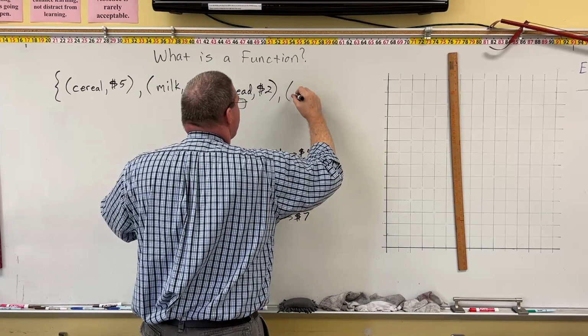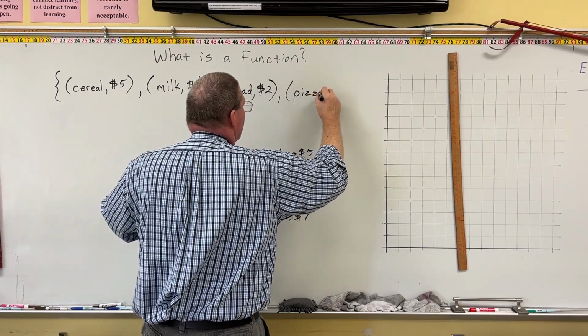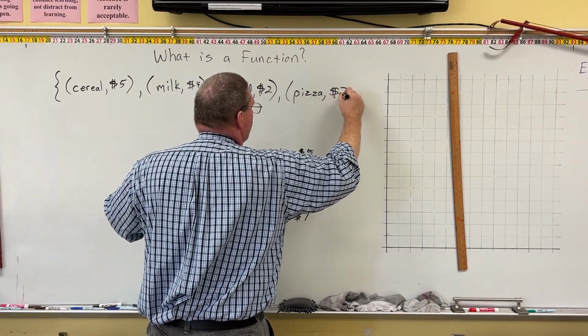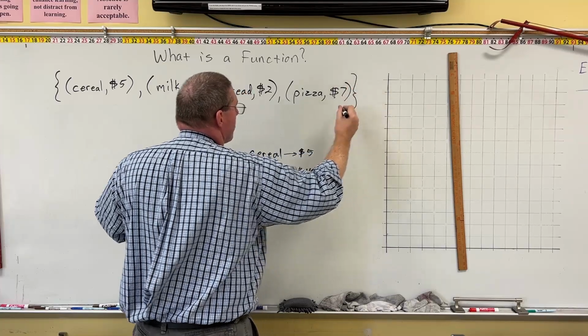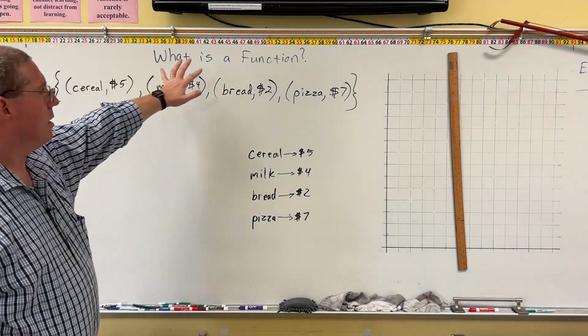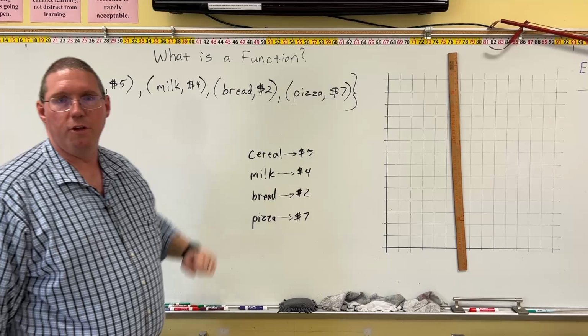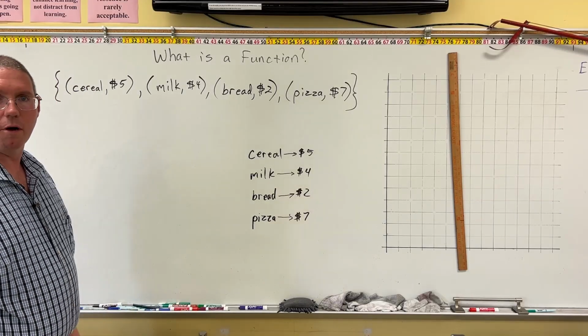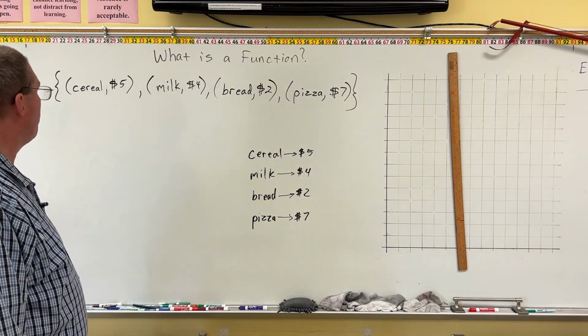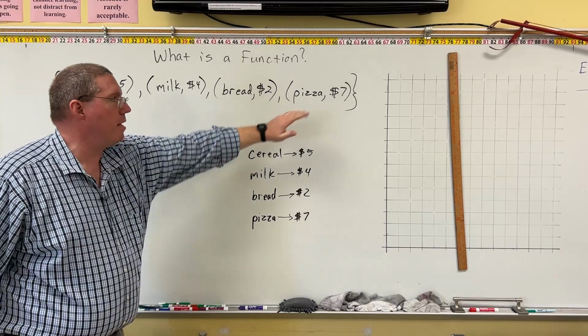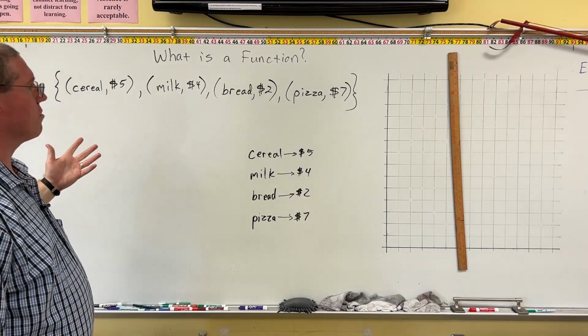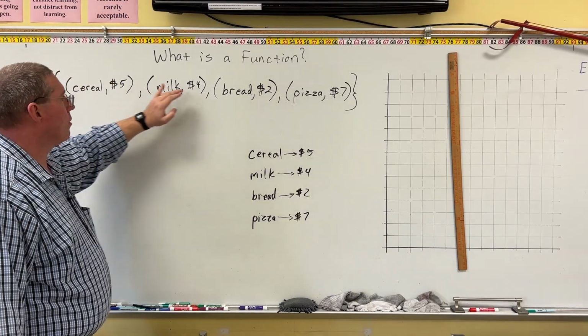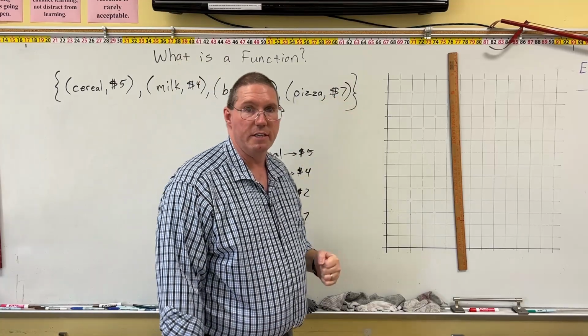And then pizza is associated with a charge of $7. And then I'm going to close the brace off. This set is representing your visit to the grocery store. And it includes 4 items: cereal, milk, bread, and pizza. And for each one of those, there's an associated charge: $5, $4, $2, and $7.